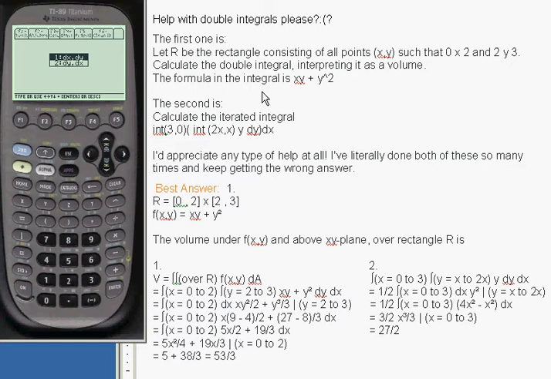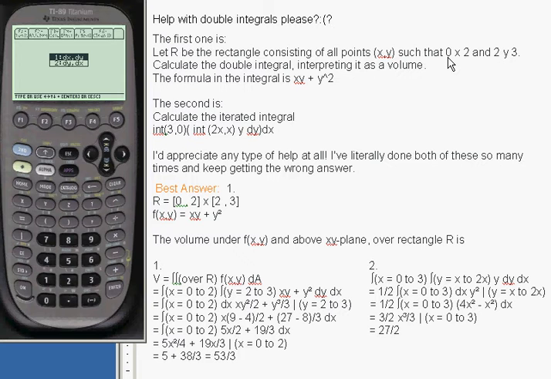And we want to do it dy dx. Let's see where they say to do a rectangle D consisting of all points x, y such that x is 2 and y equals 3. Calculate the double integral interpreting it as a volume. The volume in the integral is x. I'm not sure why you would do it dy dx.